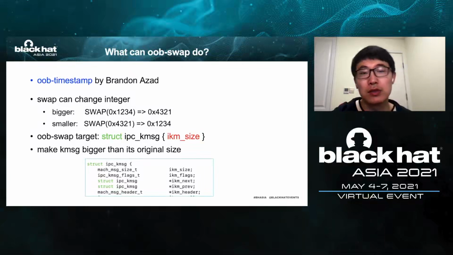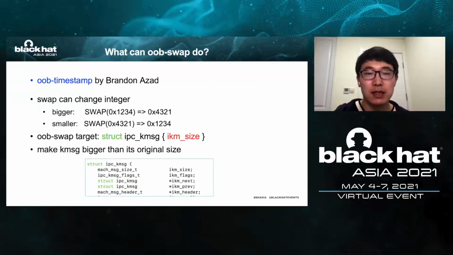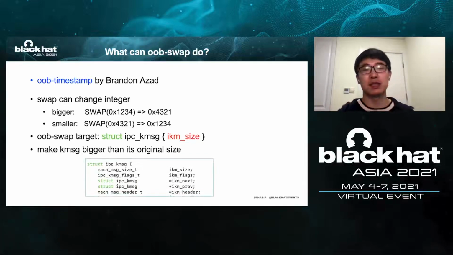Here I must introduce the OOB timestamp vulnerability by Brandon Azad. Brandon proves that even an OOB write that cannot control memory content precisely can also finish a successful attack. Similarly, the OOB swap cannot precisely control the memory content either, but I will use Brandon's technique to complete the exploit.